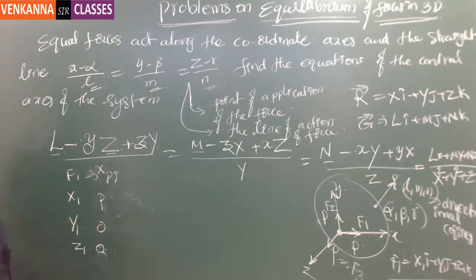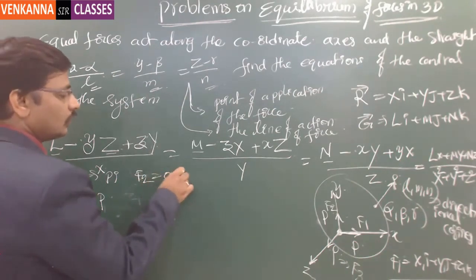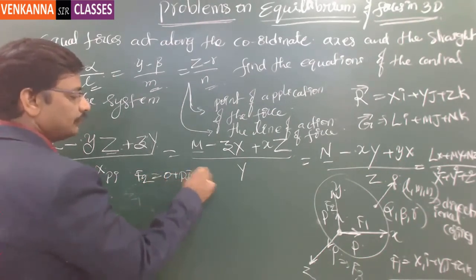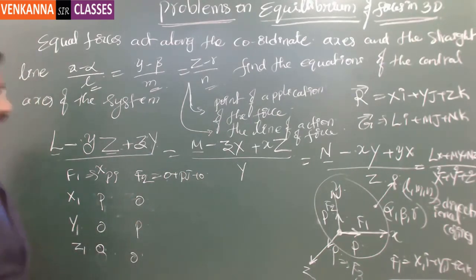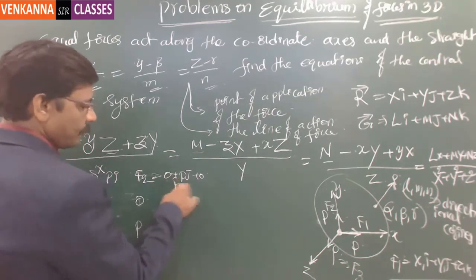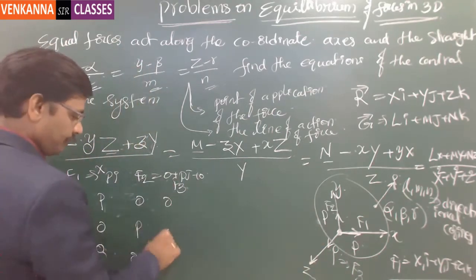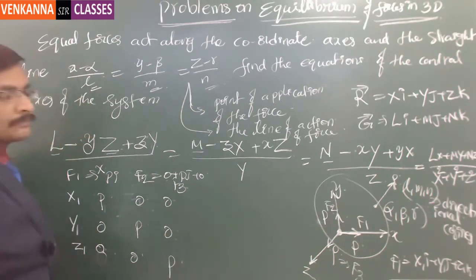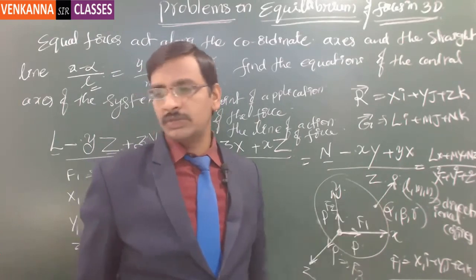Similarly, if you take F2, then we have got only 0 plus Pj plus 0. That means we have only the y component, and the z component is 0. Similarly for F3, if you calculate it, only the z component is there. And then for this one, this is crucial for us.